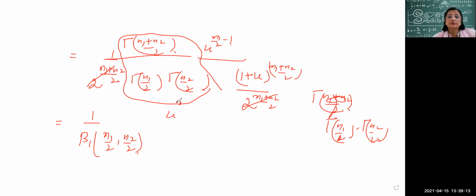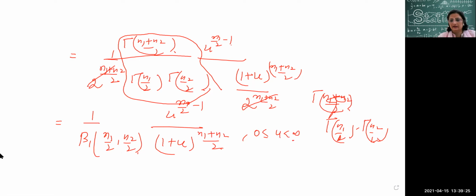So you are left with u raised to power n1 by 2 minus 1 and 1 plus u raised to power n1 plus n2 by 2 with the limit 0 less than u less than infinity.